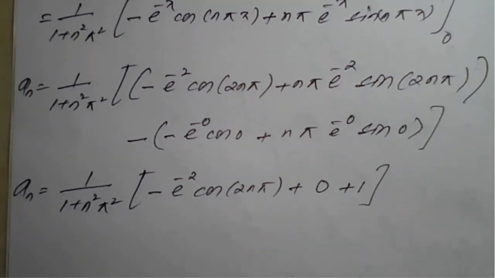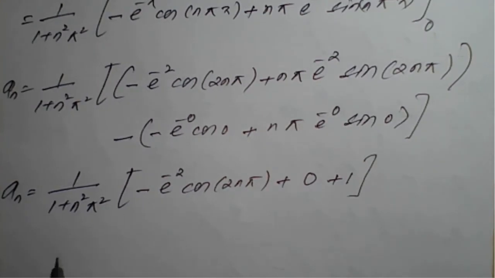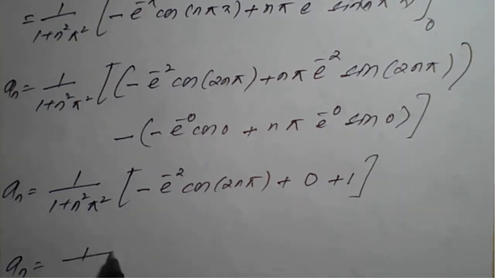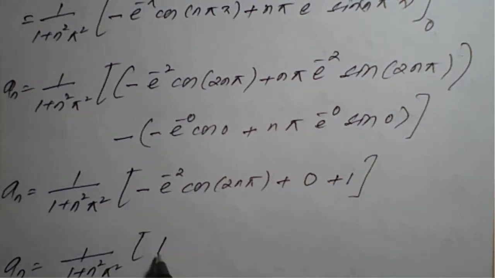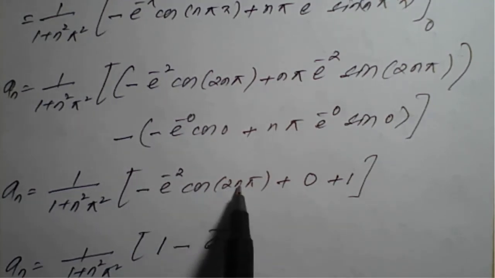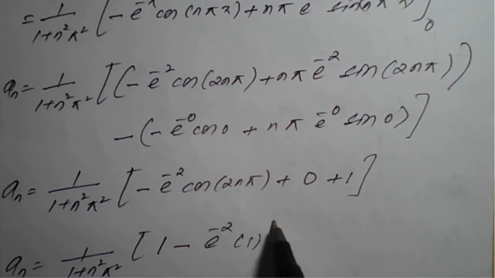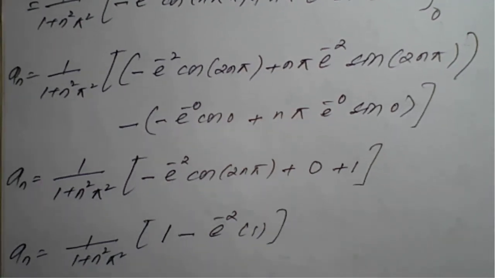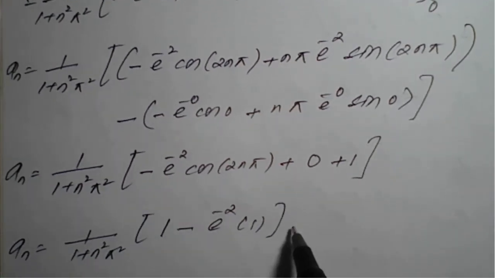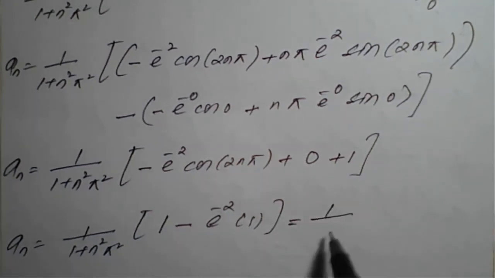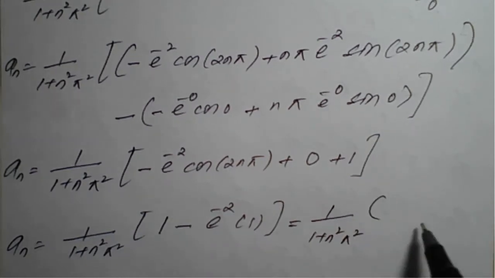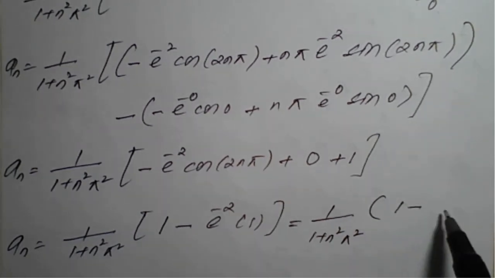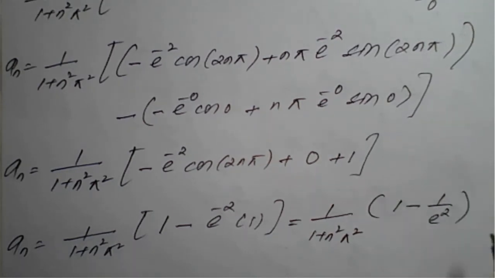So what is left finally? Therefore an is equal to 1 upon 1 plus n square pi square, bracket, the positive term I will write first, 1 minus e raised to minus 2, cos 2n pi is 1. On final simplification, I can rewrite it as 1 upon 1 plus n square pi square, 1 minus e raised to minus 2, I will write 1 upon e raised to 2.